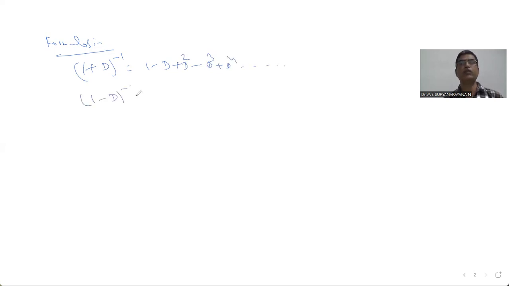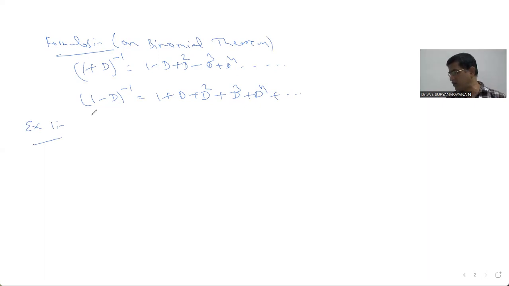And (1 minus D) power minus 1 is 1 plus D plus D square plus D cube plus D power 4, etc. We'll use either of these two formulas in all the problems. So directly we'll go to a problem to understand the concept very easily.